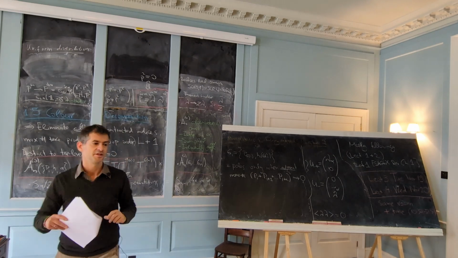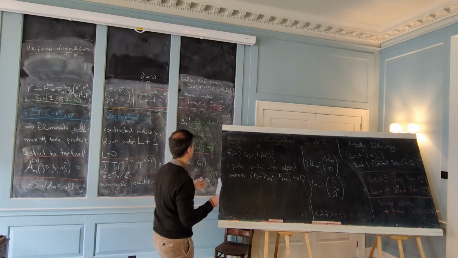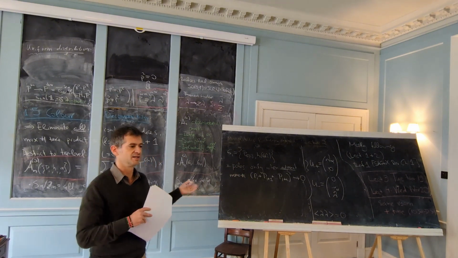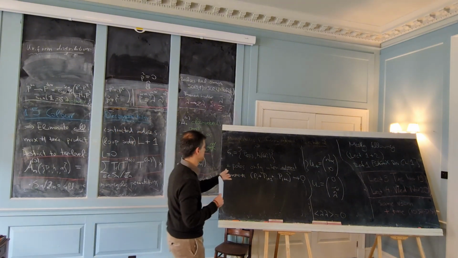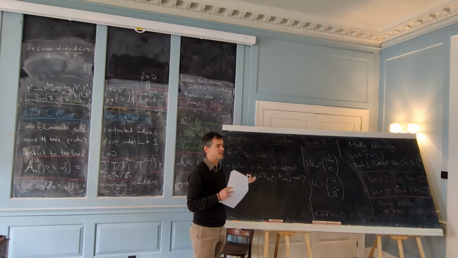So this is, okay, the fact that amplitudes might become singular where some momenta square vanish is just a statement that you have propagators. Feynman graphs consist of internal lines, which are propagators, 1 over p squared.